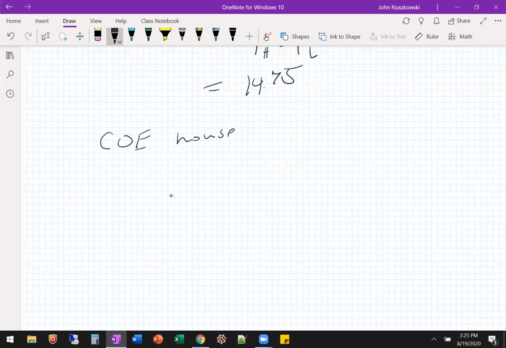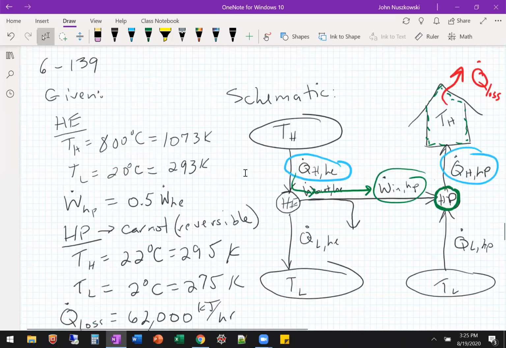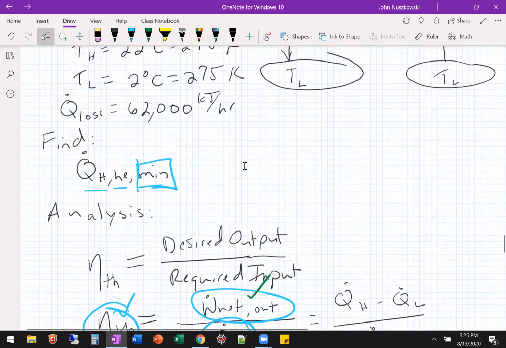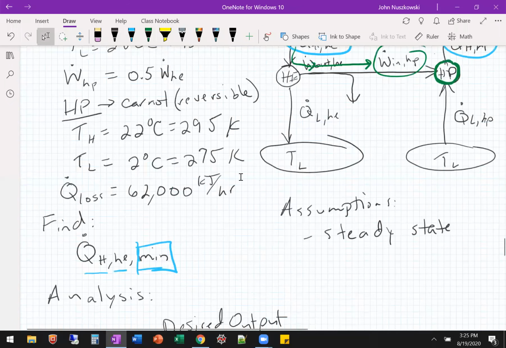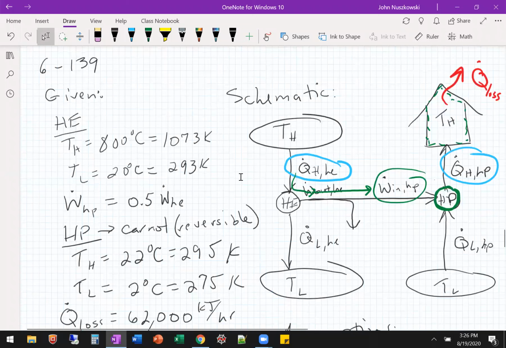If we do CUE on the house, we can do open system conservation of energy. There's no mass flow rate in or out of the house being shown on our schematic, so the mass flow rate's not carrying energy in or out. I forgot to draw my assumptions. It's steady state, we're just holding steady at 22 degrees Celsius in the house, so that term goes away.